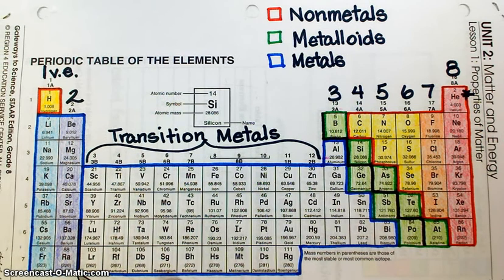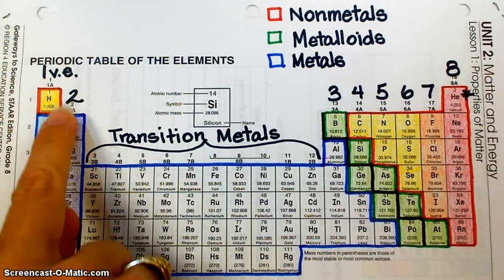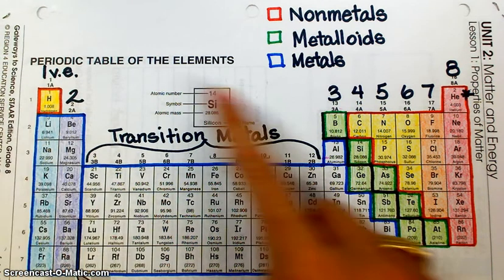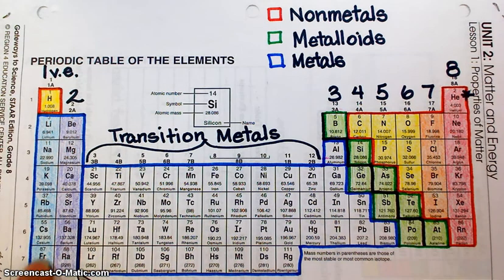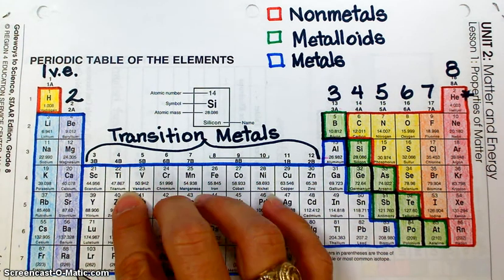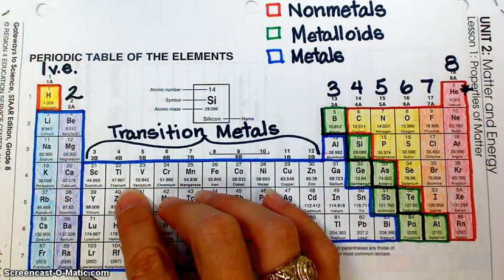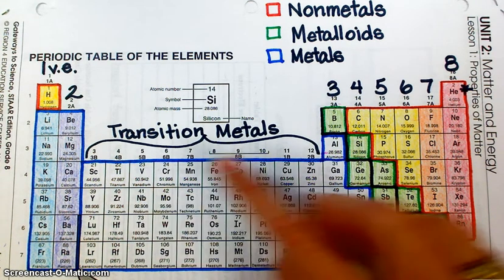Just a little bit of a reminder about some of the things on the periodic table. Remember, each vertical column, especially the tall columns, have a specific number of valence electrons. So column 1, everything has 1 valence electron. Column 2, everything has 2 valence electrons. We don't talk too much about the transition metals because there's no simple rule for us to determine the number of valence electrons for those.